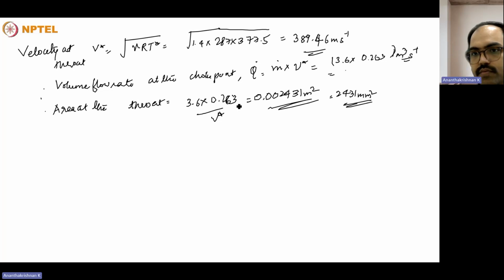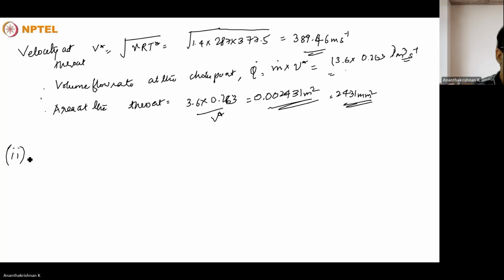Mach number equal to 1 means the speed of the flow will be equal to the speed of sound. So speed of sound could be written as root of gamma RT star, and thereby we got this velocity at the throat. So using that, we got the area at the throat equal to 2431 millimeter squared.